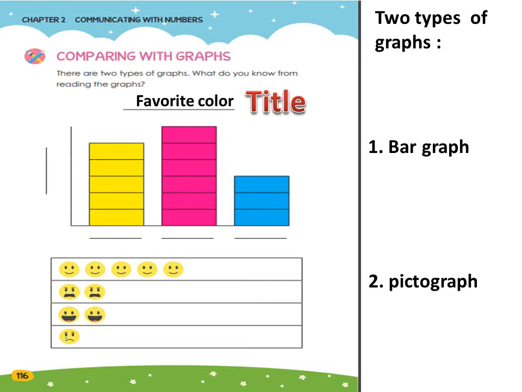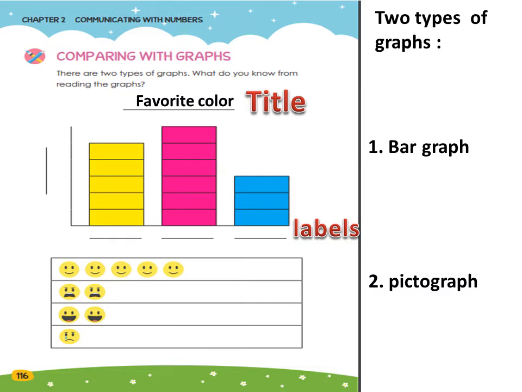Okay, what is also missing here? The labels are missing. You remember we said that the labels in the bar graph are below the graph. The first label will be yellow, and the second will be pink, and then blue. Labels are the answers to the question I asked.